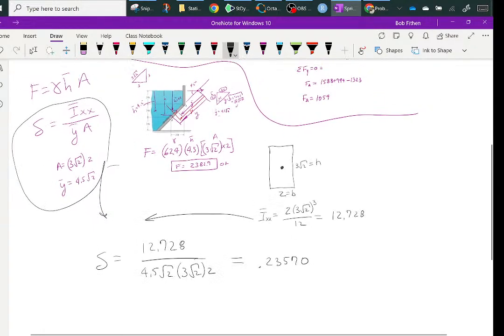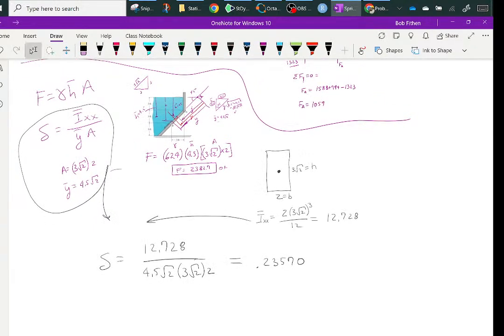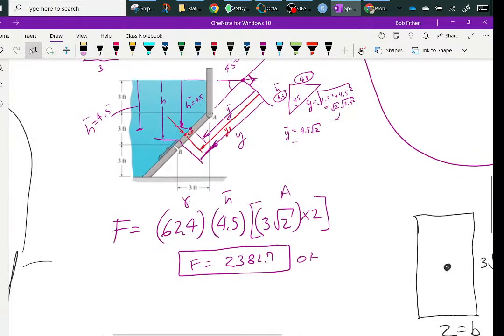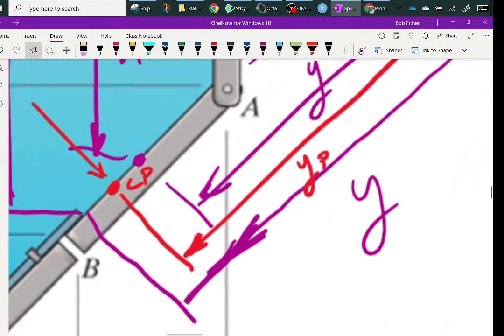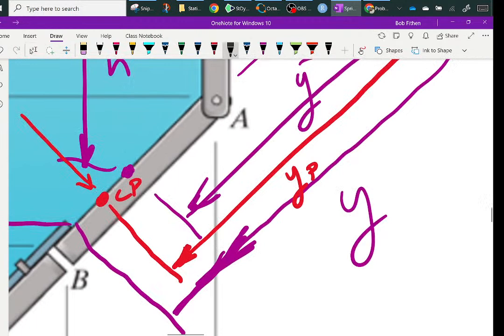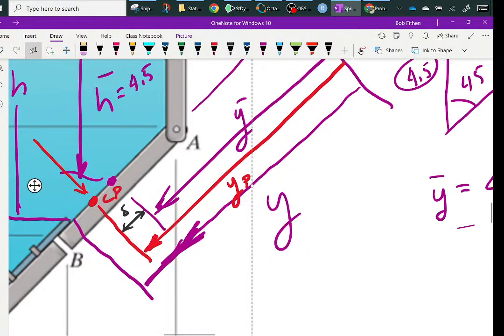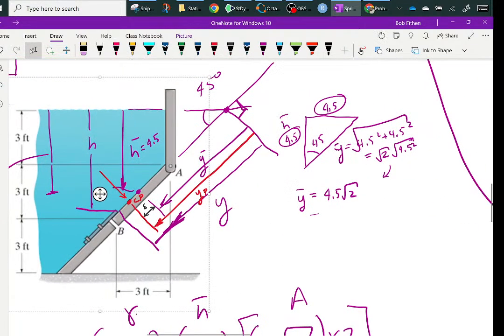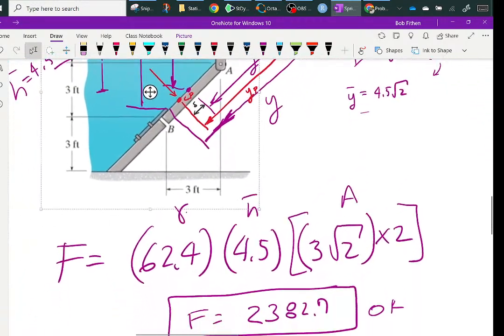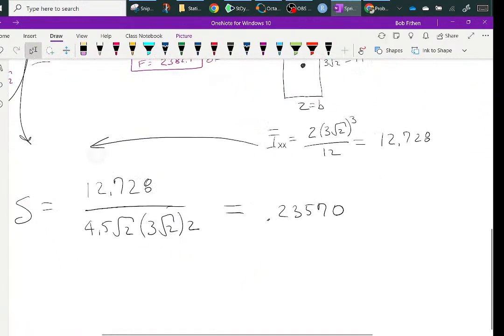Let's see if I can maybe just copy that picture. So this distance right here, from here to here, that's delta. And so let's see if I can break this gate away from its support there, and maybe try my best to draw it down here.